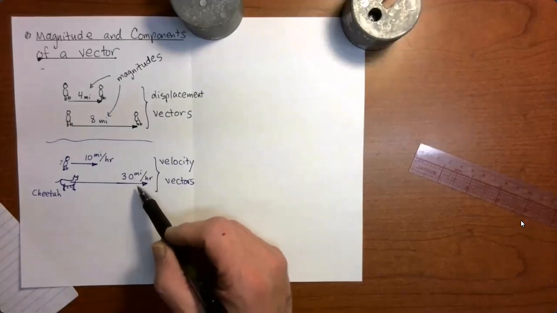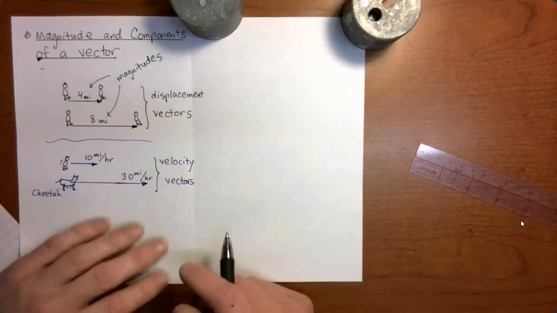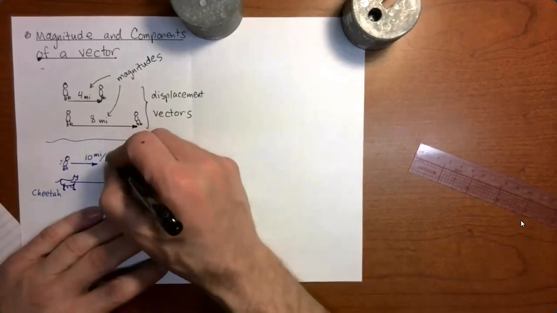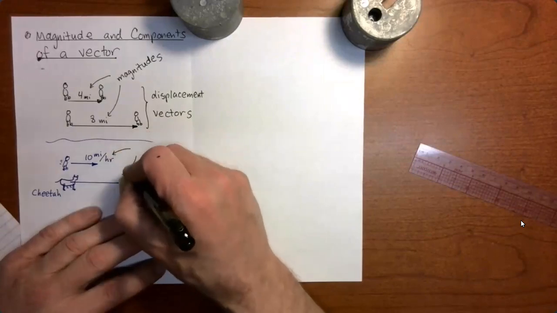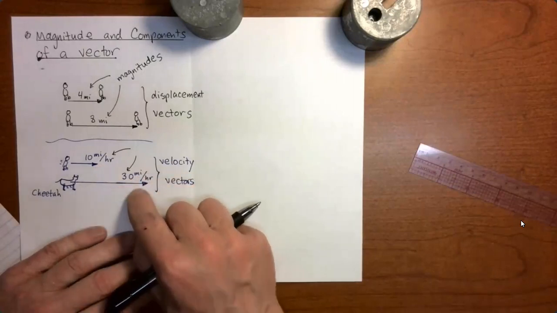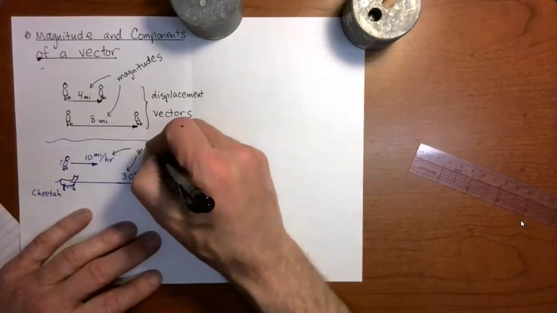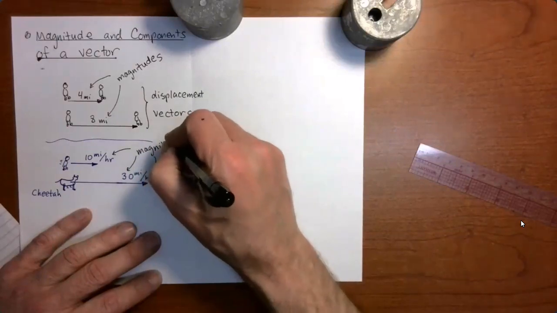Notice that the velocity vector for the cheetah is drawn 3 times as long as the velocity vector for the human. Okay. So in this example, the speeds of those objects, 10 miles per hour for the human, 30 miles per hour for the cheetah, are the magnitudes of those vectors.